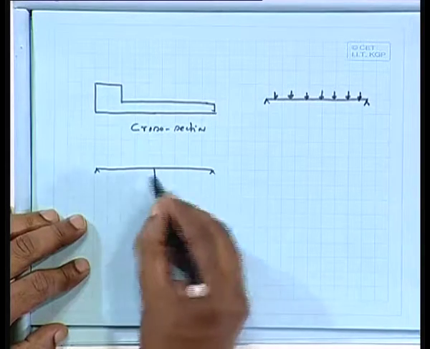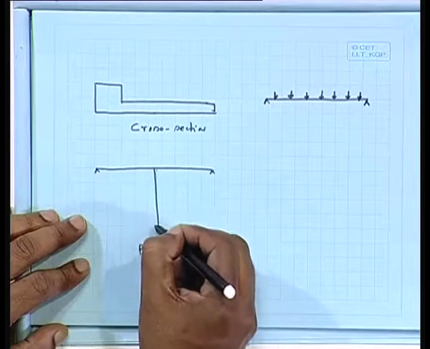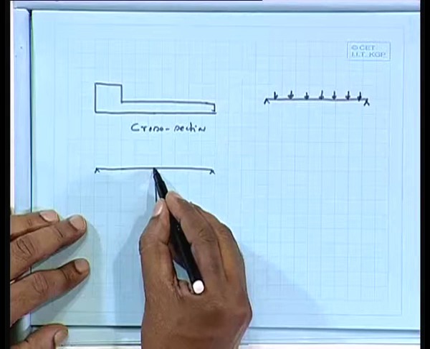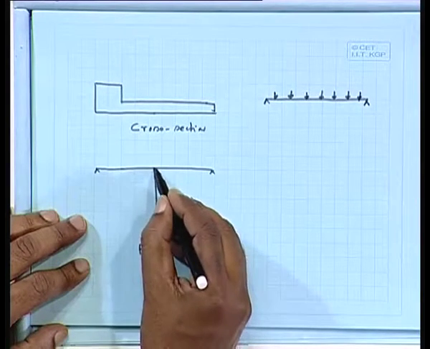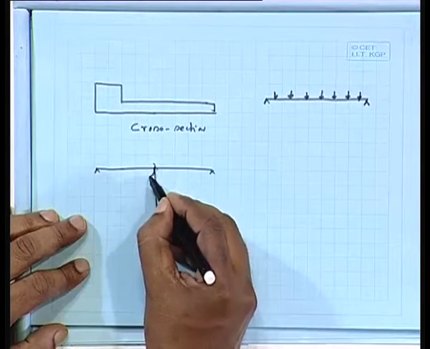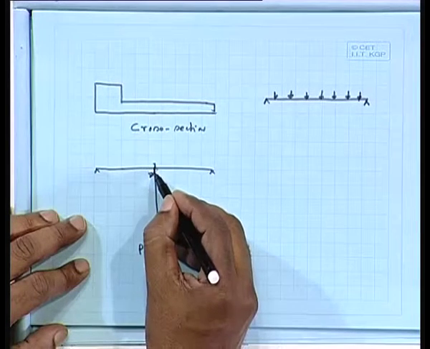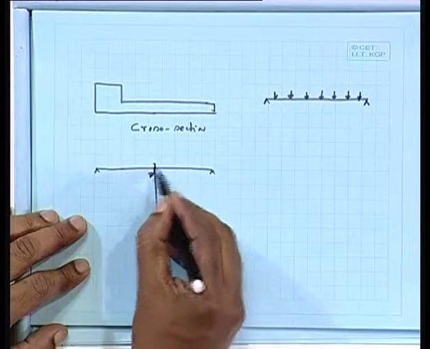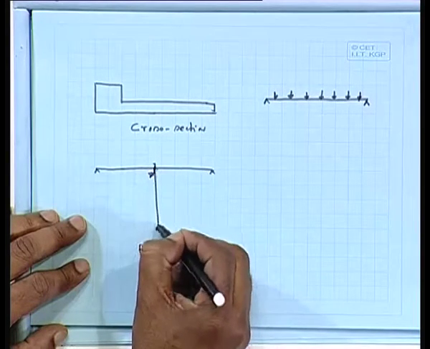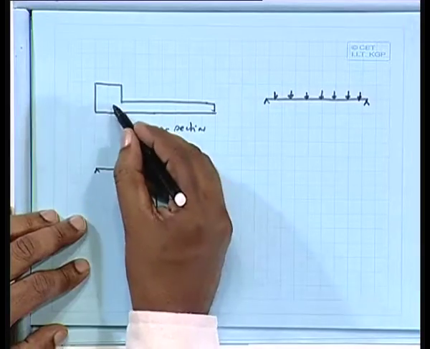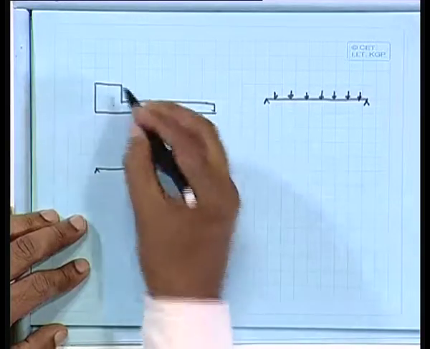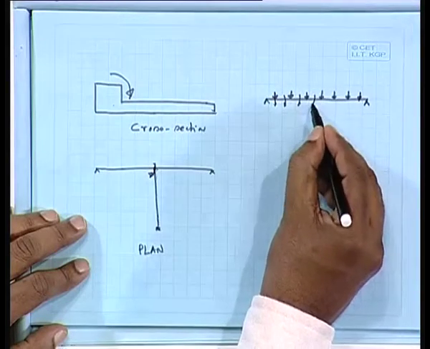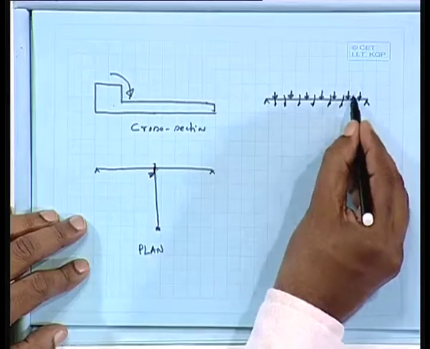Due to this beam, torsion will be developed at this point, because this beam will apply a certain kind of torsion like this, and for that also it will be designed. But that torsion is only applicable at this point, or over the width of this beam, whereas in this case the torsion is applicable over the whole beam from one end to the other end.